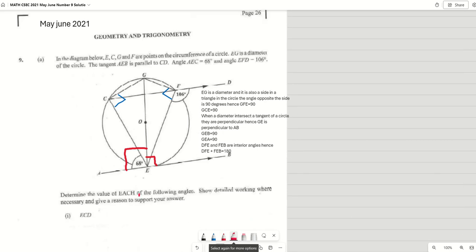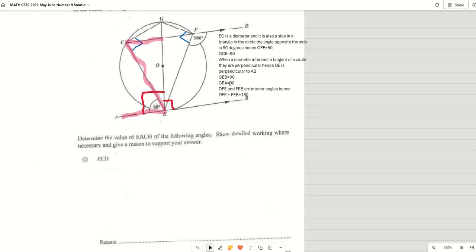Let's do it. They told you to find ECD. I'm going to draw a line here. You'll say none of these rules written here is helping, however, if you put a line there, you see a Z shape. Whenever you see a Z, it's known as alternate angles, and alternate angles are equal. The interior angles of your Z are equal.